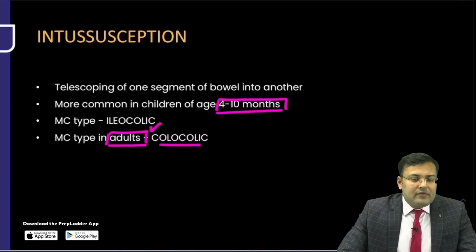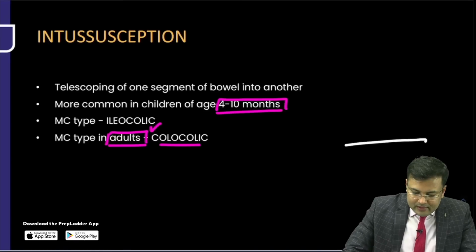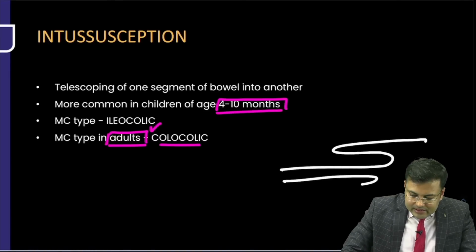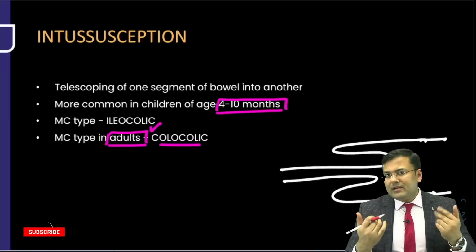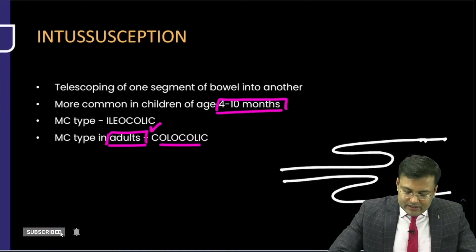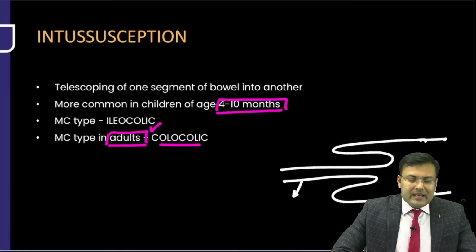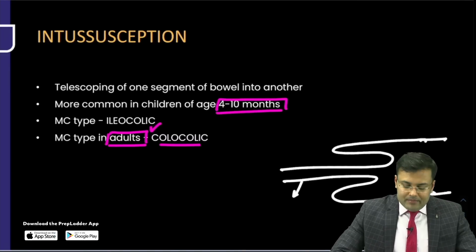What are the parts of intussusception? Have a look. Here you can see there is telescoping of one segment of bowel into another, right? So this is recipient. Recipient means accepting segment. So this is intussuscipiens, and this is incoming segment. So this is intussusceptum.